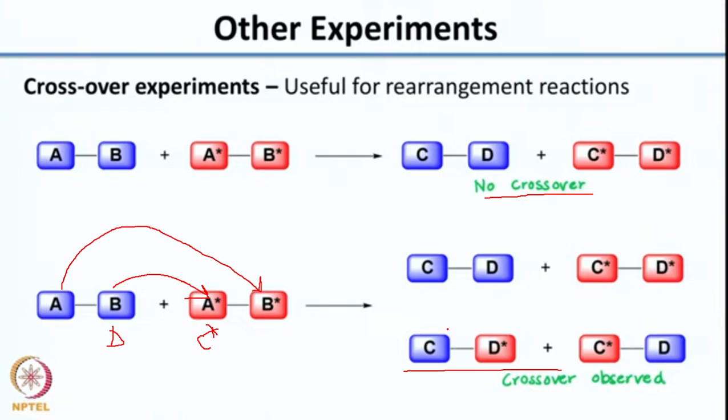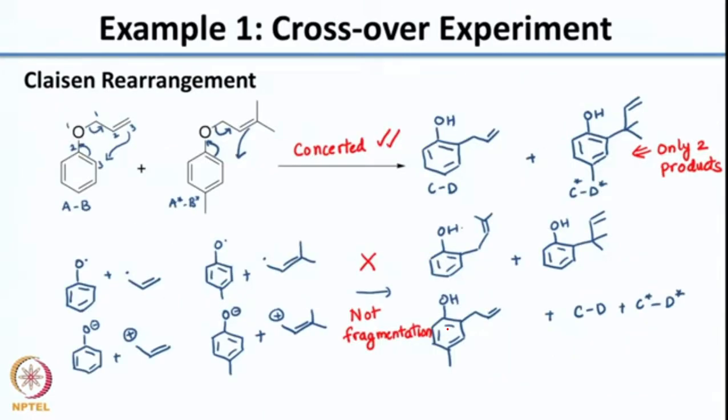We will give the example, then it will be better to understand. Now the first example is a Claisen rearrangement. So here we will see whether crossover is taking place or not. So suppose we have a reaction, this as a substrate.